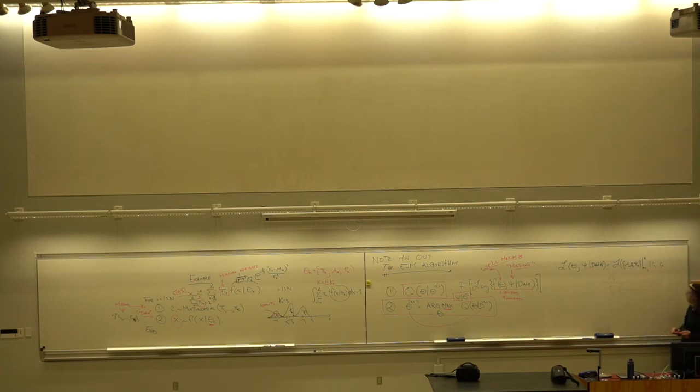These are my labels. I don't get to know those, so I'm going to integrate these out, and then we'll do the maximization. And this is going to be given my data, my x's.